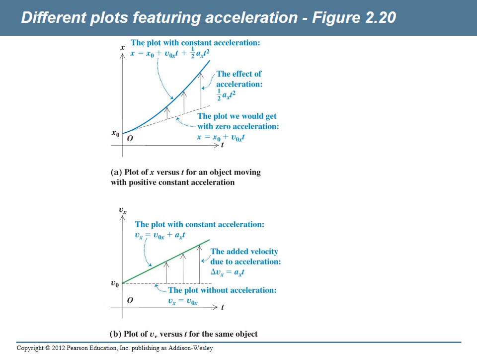Now if we were to travel along at constant velocity, we would travel along at this path right here. And we would say at some time t, our position would be x naught, where we started, plus velocity in the x direction times the time. And that would give us up to right here. And then if we're accelerating, we're increasing the velocity constantly.